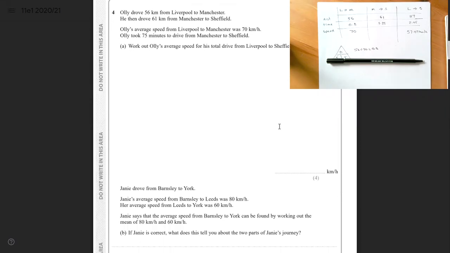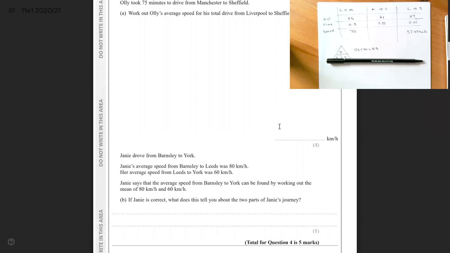Okay, so Janie drove from Barnsley to York. Janie's average speed from Barnsley to Leeds was 80 kilometres per hour. Average speed from Leeds to York was 60 kilometres per hour. Janie says that the average speed from Barnsley to York can be found by working out the mean of 80 and 60. Is that correct? So no, as we don't know the distances or times.